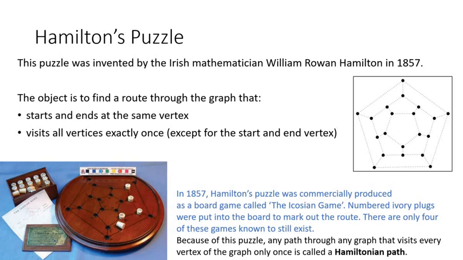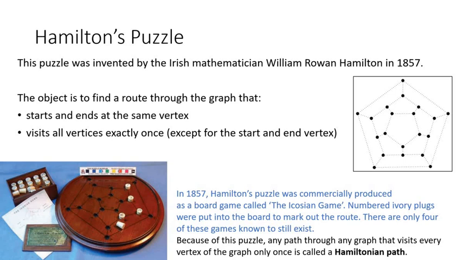Instead of visiting every edge, you've got to visit every vertex. Do you reckon, looking at that board game, is it possible to visit each vertex once without going back on? You can't use a vertex you've already used. So you don't need to use every edge, but you need to use every vertex.